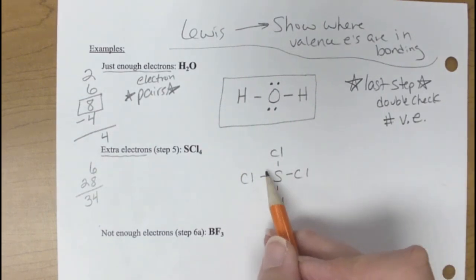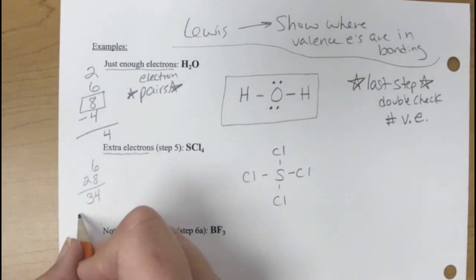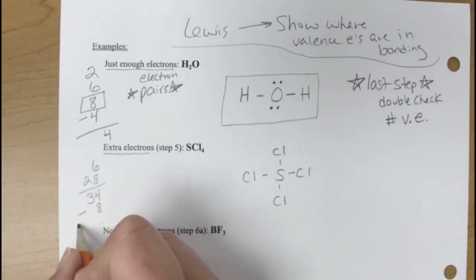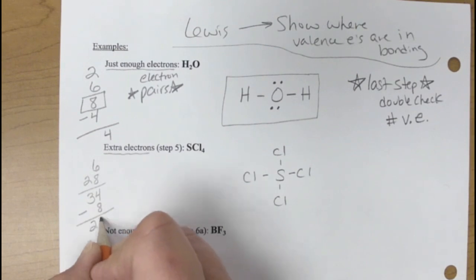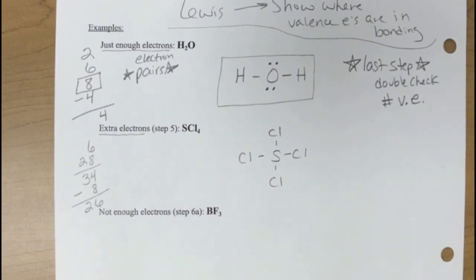Okay, we've used up 8 electrons already, so we're going to subtract that from the number that we have, and we get 26 electrons remaining. So these are our remaining electrons.